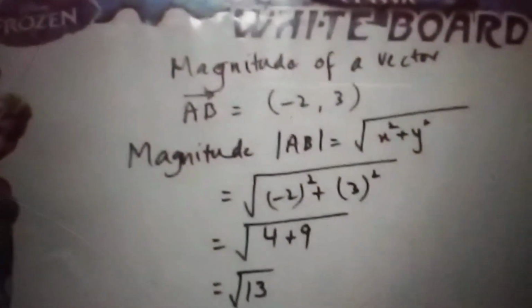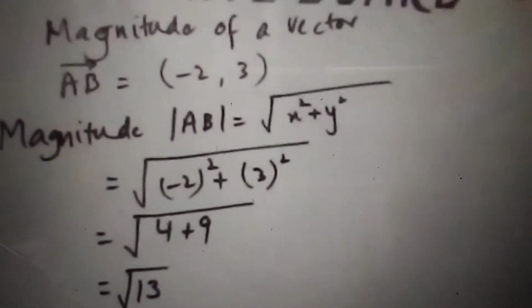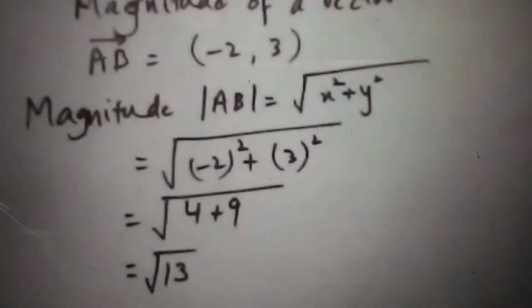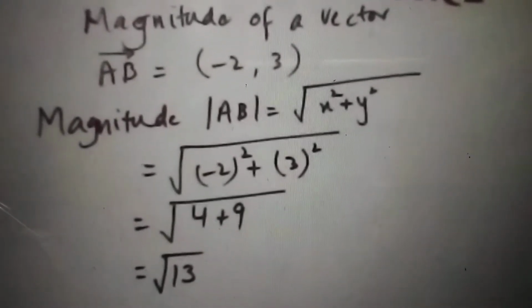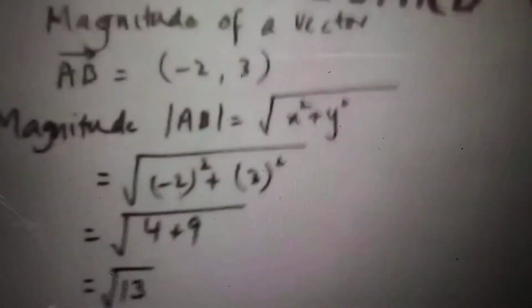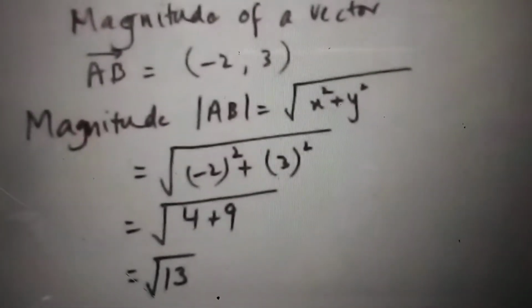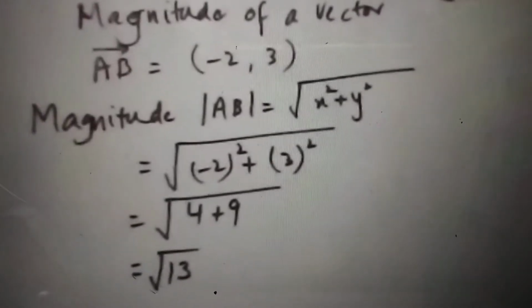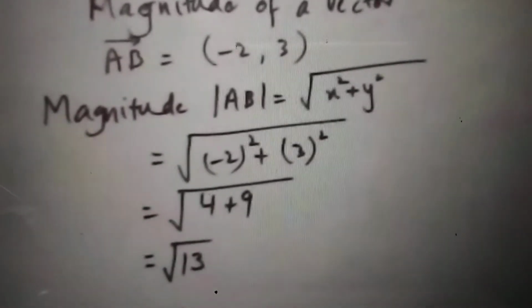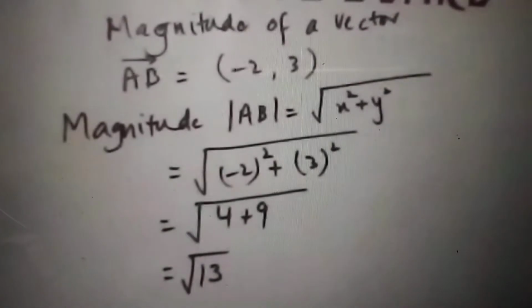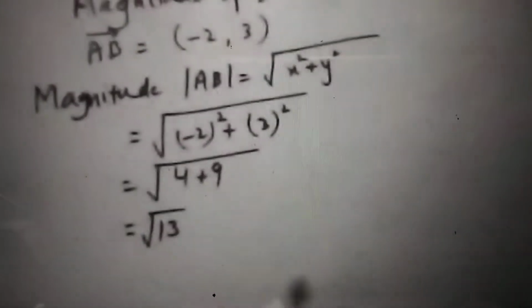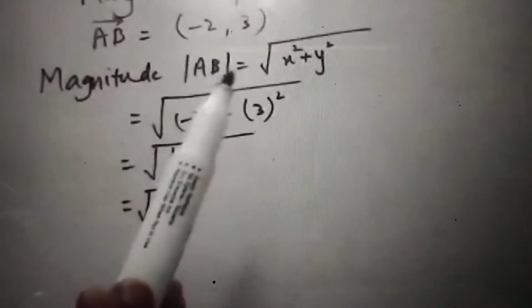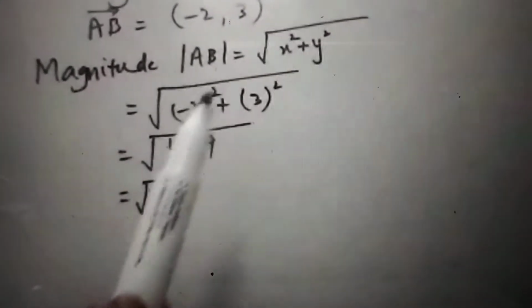Another thing in vectors is the magnitude of a vector. What is the size, how big the vector is. If a vector AB is given to you in the form of coordinates like -2, 3, then we consider x equals -2 and y equals 3, and the formula is the square root of x squared plus y squared, and these bars represent the magnitude of the vector.